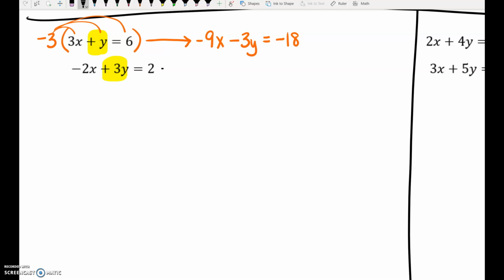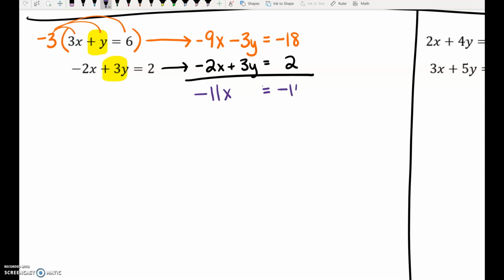And then I'm going to recopy this one just because I like to have them right on top of each other so that it's easier to do the math. Okay, let's add them together. Negative 9x and negative 2x makes negative 11x. Negative 3y and positive 3y, those are going to cancel each other out. Negative 18 plus 2 is negative 16.